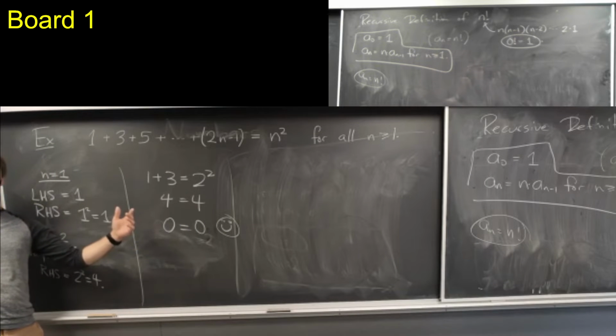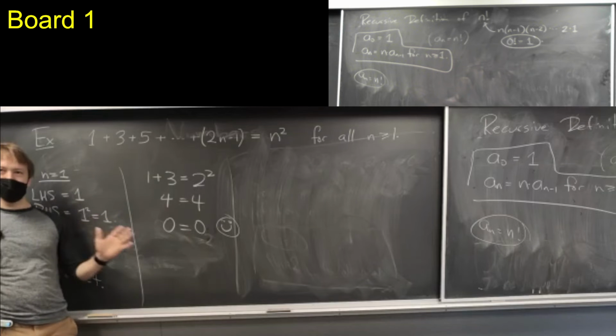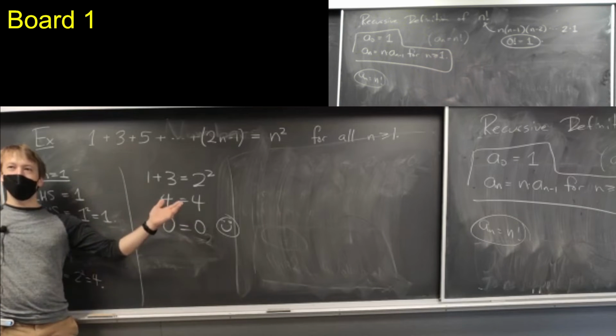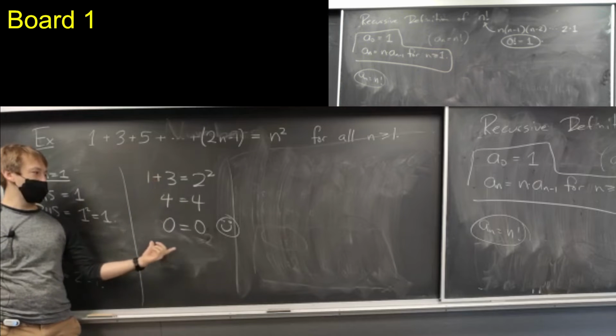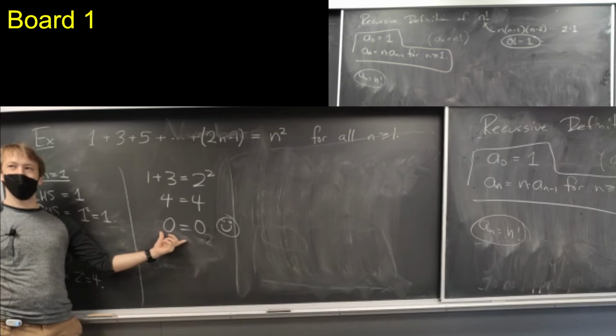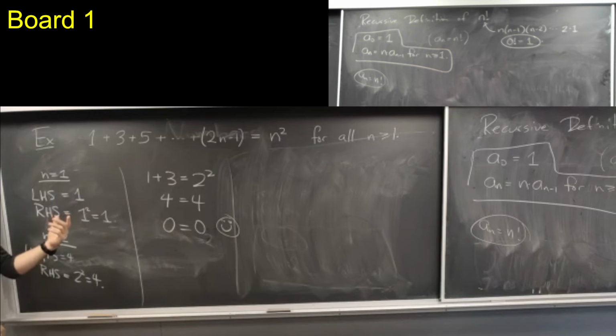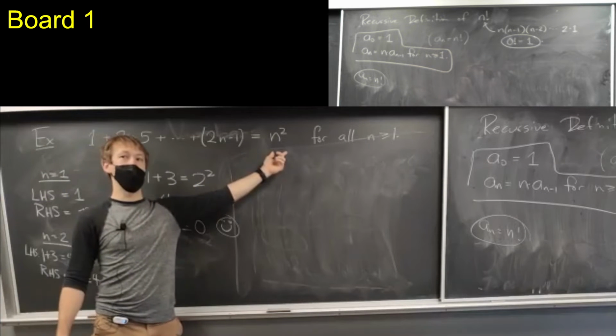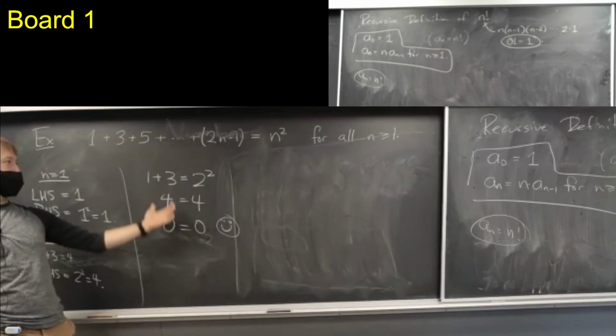You see what I'm trying to say? This is backwards. You can't conclude your proof by saying 0 equals 0. Nobody told you to prove that. What was asked was to prove that the left-hand side of this equality is equal to the right-hand side. What I've done here is backwards.